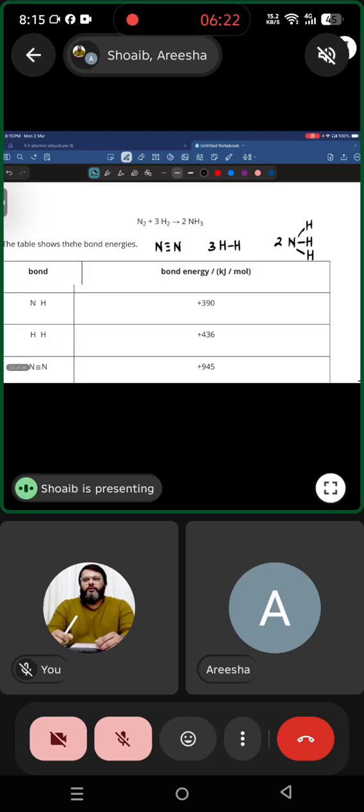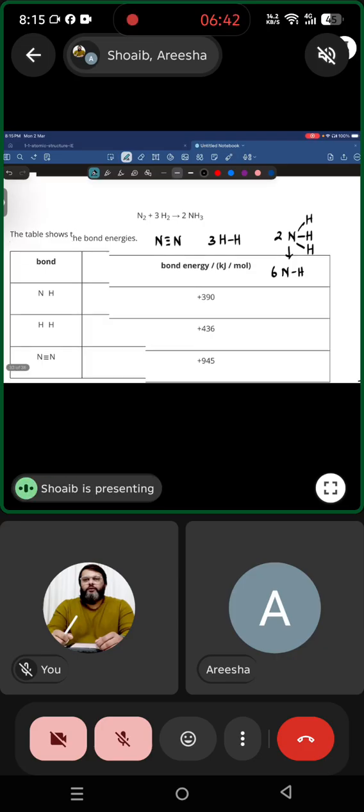We can write this in a different way, like 3 multiplied by 2 becomes 6, because a total of 3 bonds are present in each molecule. So 6 multiplied by N-H. Got it?